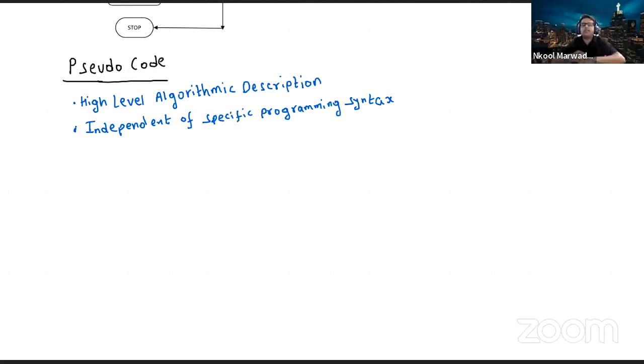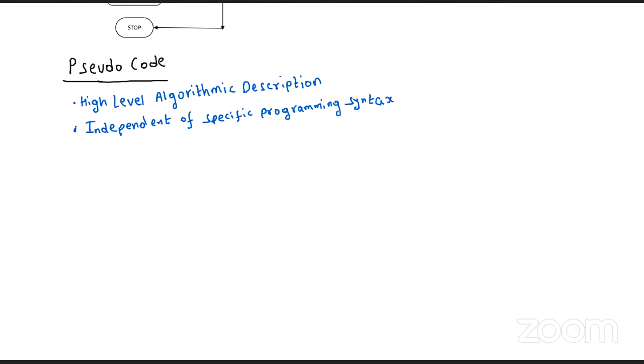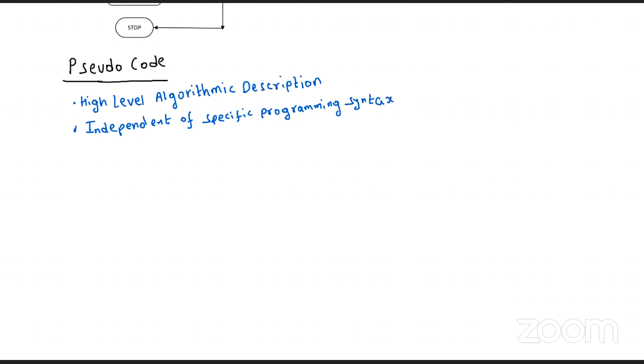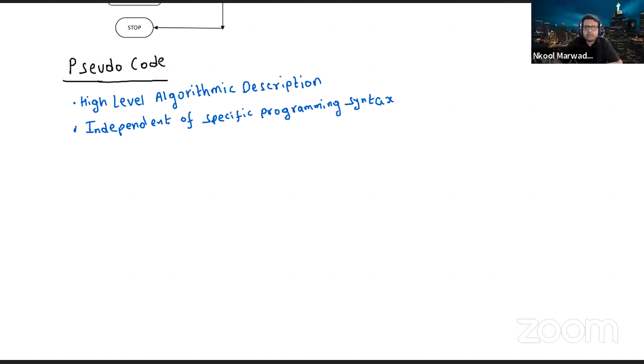Because in the industry, companies work for clients, and clients are people who don't know programming. They can be entrepreneurs, companies, businesses, or professionals. They are not aware of coding, so what they want is user friendly understanding, and pseudocode helps us achieve that.